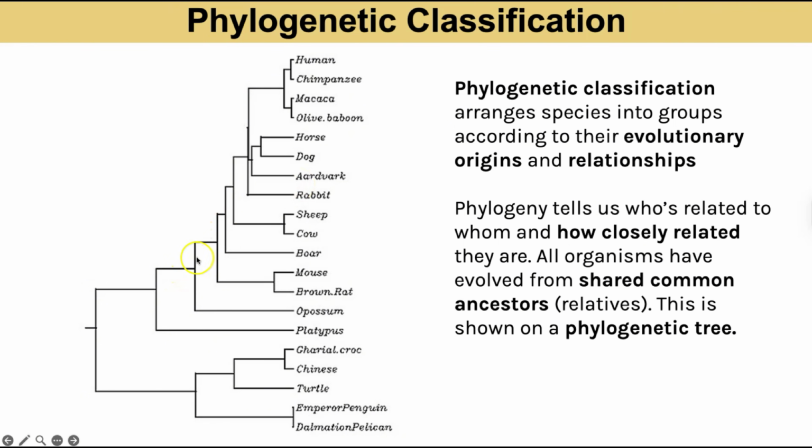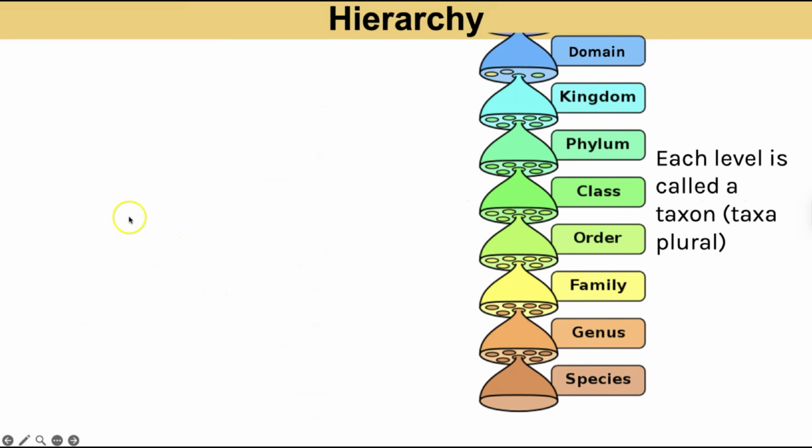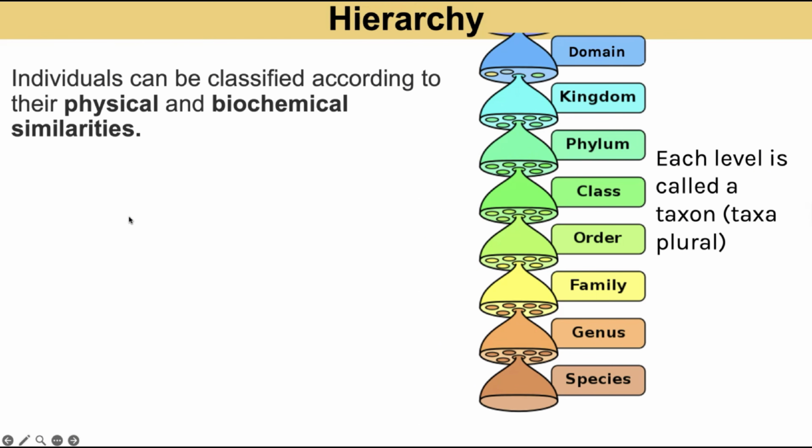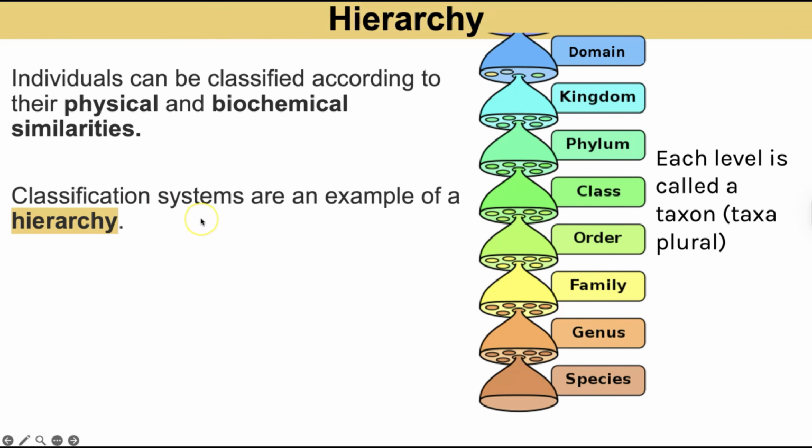So every fork or branching point represents a common ancestor, which means that is the species, anything that branches off, evolved from.